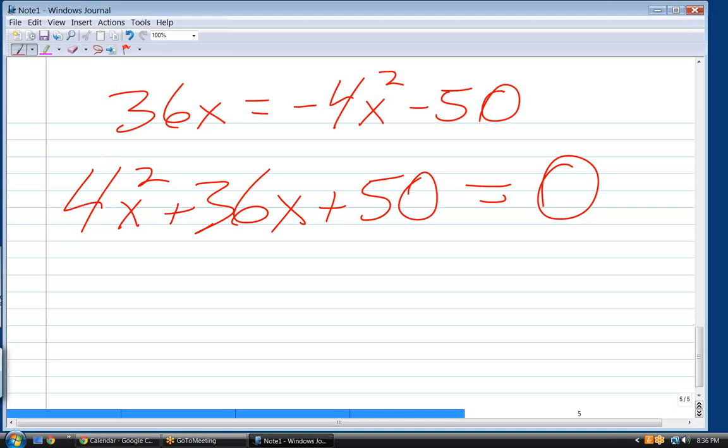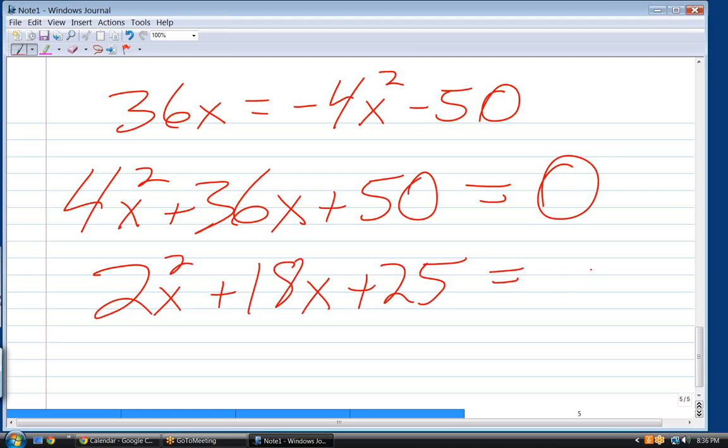It'd be nice if I could divide every term by 4, but 4 doesn't go into 50. However, I can divide both sides of the equation by 2. So I can knock it down a tad. When I divide the right by 2, I still get 0. So now I have to solve this equation instead of this one.